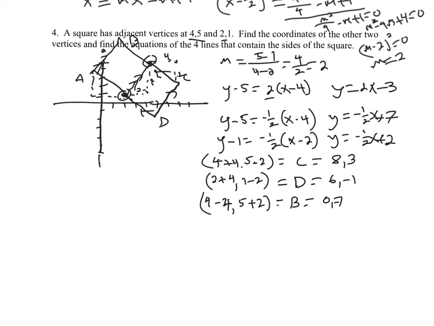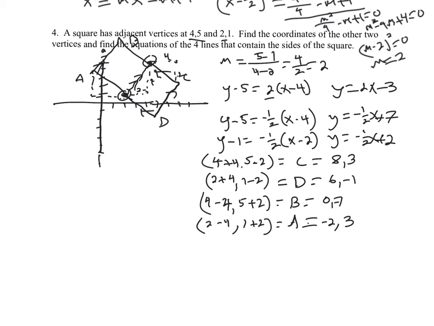And to point A, we would go 2 minus 4 and 1 plus 2, and that would give us our coordinates of point A, which would be equal to (negative 2, 3).